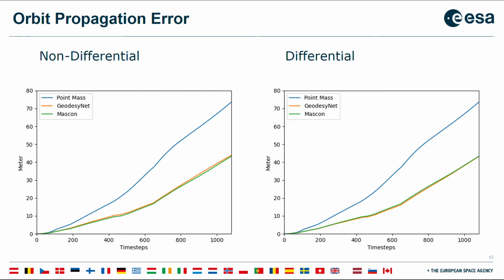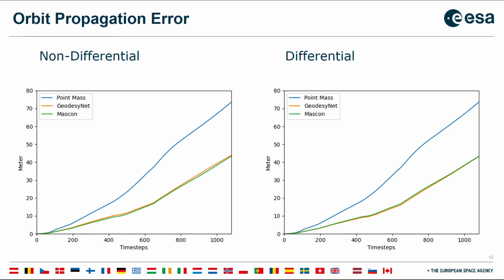So if we see how this looks at plots, here we compare the orbit propagation error from the GeodesyNet, from a Mascon model assuming uniform density, and as a comparison by assuming a point mass model of Bennu. And here we see that the errors of GeodesyNets and Mascon models are very similar. So for the non-differential case, GeodesyNets has this very slightly higher error.